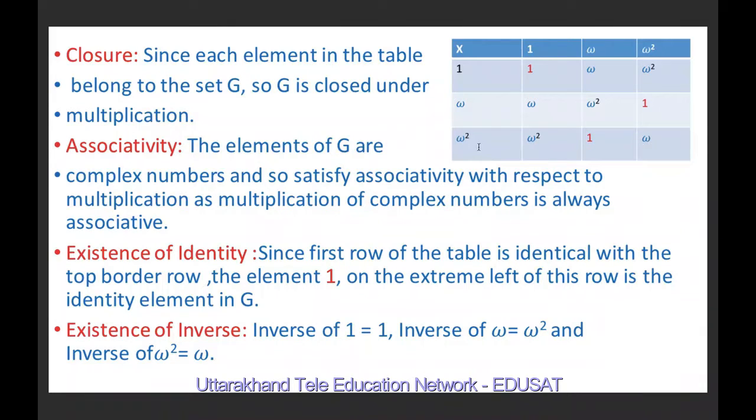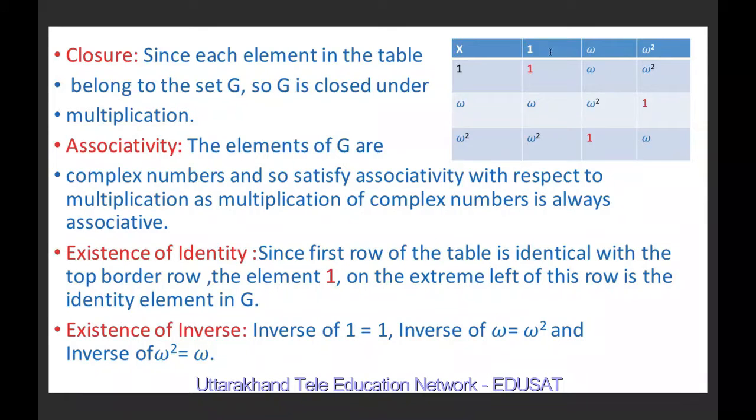So after constructing the table, we observe how it looks. First of all, we observe that all the elements of this table are the elements of the given set G. Secondly, we see that the elements of the third row are omega square, 1 and omega.